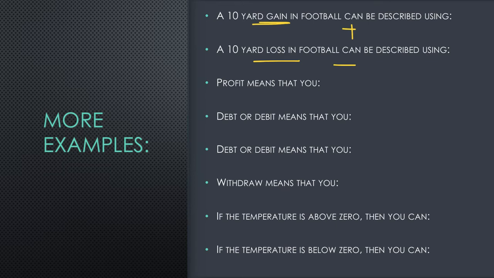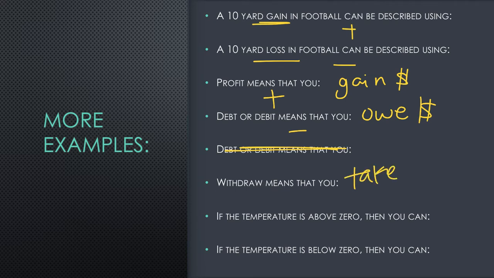Profit means that you are gaining some money, you made a profit from something, and so we're going to go with positive numbers. Debt or debit means that maybe you owe someone money, and so we're going to work with negative numbers. Withdrawal means that you take out some money, and so we're working with negative numbers.